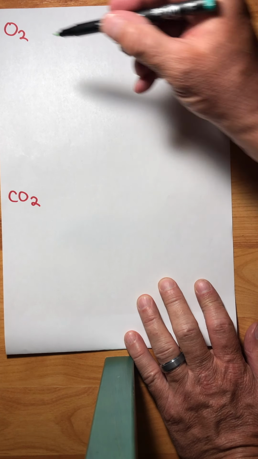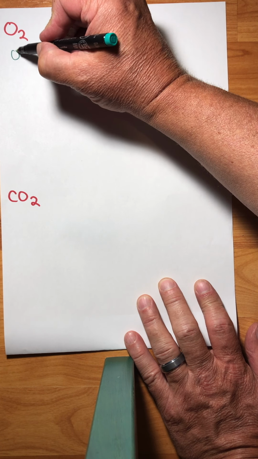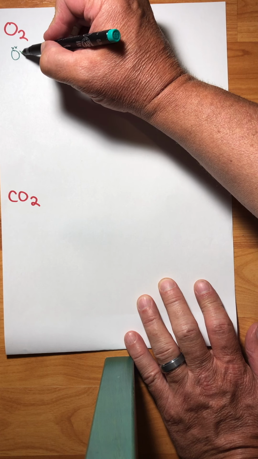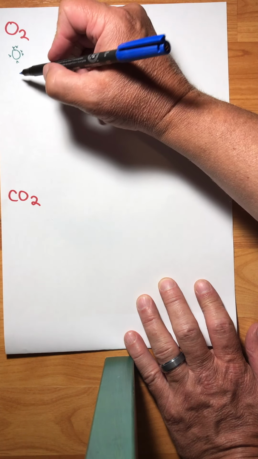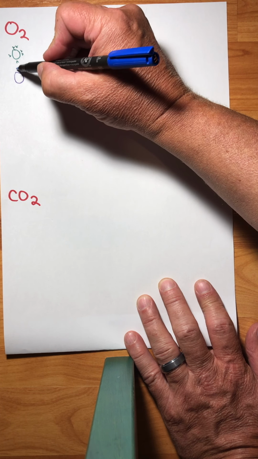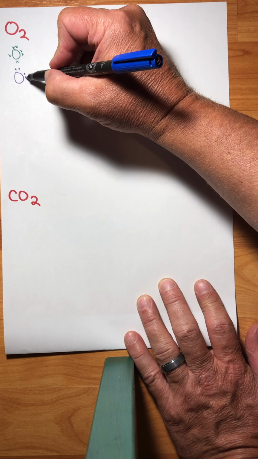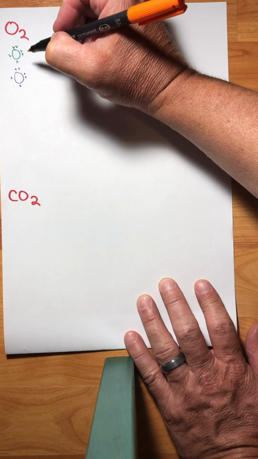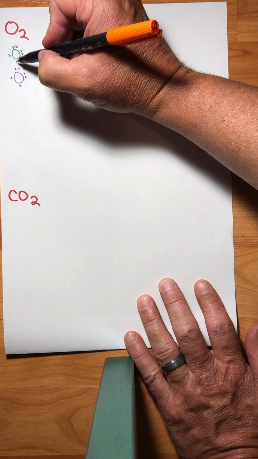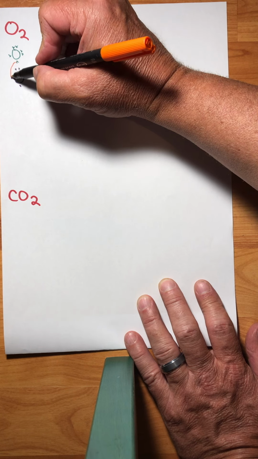So O2 has 2 oxygens. So we're going to have an oxygen here. And even though it's the same atom, I'll just do a different color. Okay. So what I was talking about in the video is sometimes you're going to bond single electrons. So let's just say this one and this one hook up.